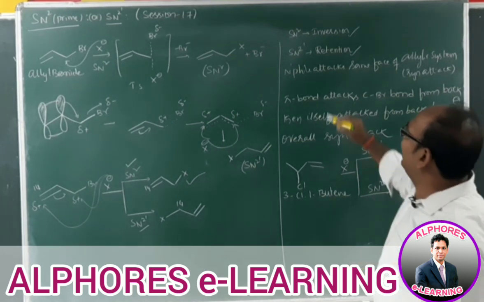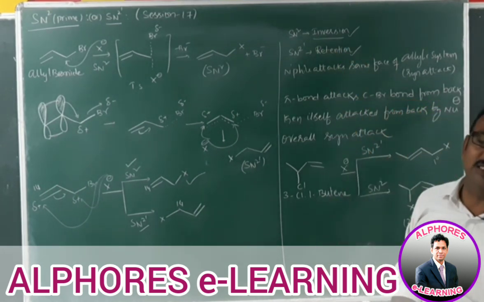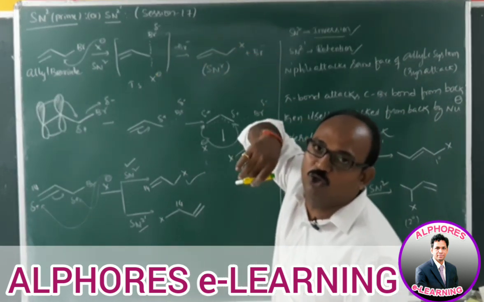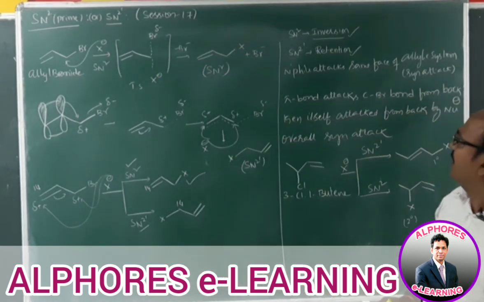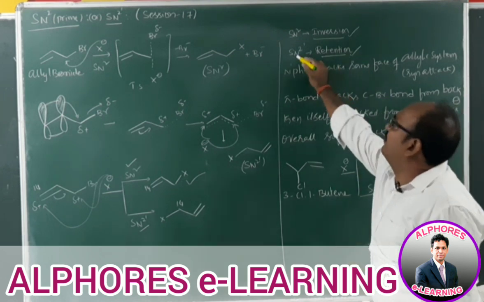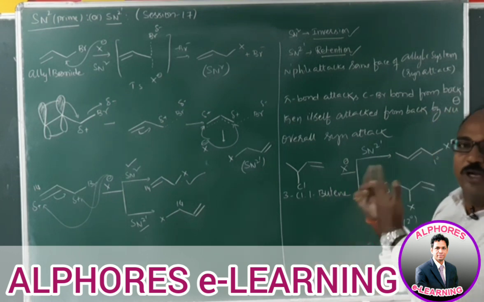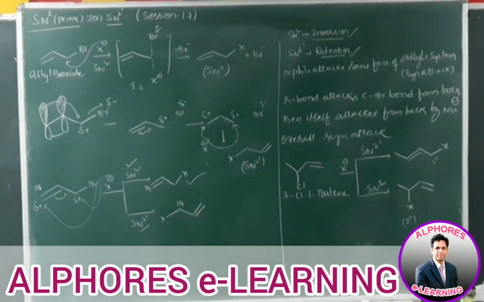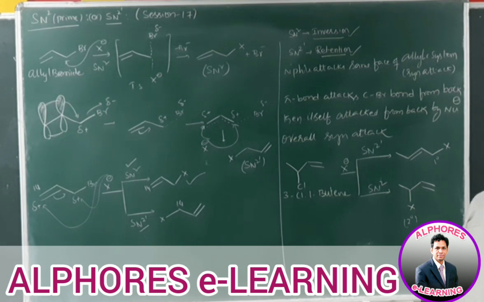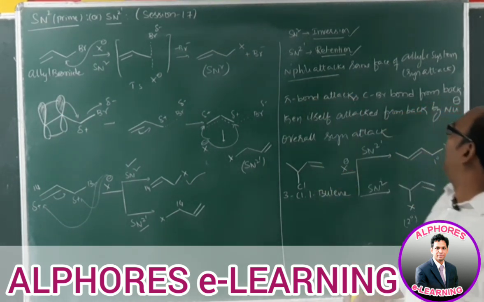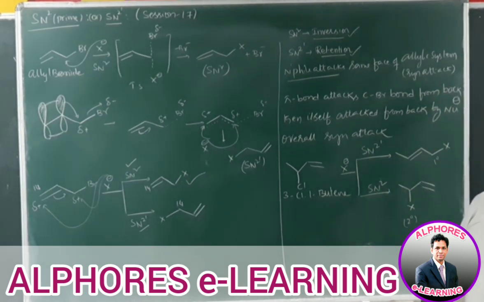So why inversion? That we know, because the nucleophile approaches from the rear side with respect to the leaving group to minimize repulsion. But why retention in case of SN2 dash? Retention means if you consider D, the product is also D; if you consider L, the product is also L, generally. This is because the nucleophile attacks the same face of the allylic system.